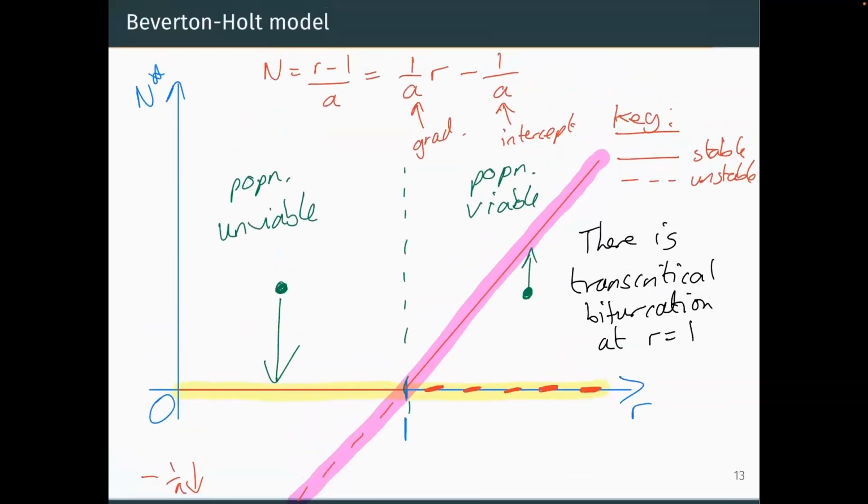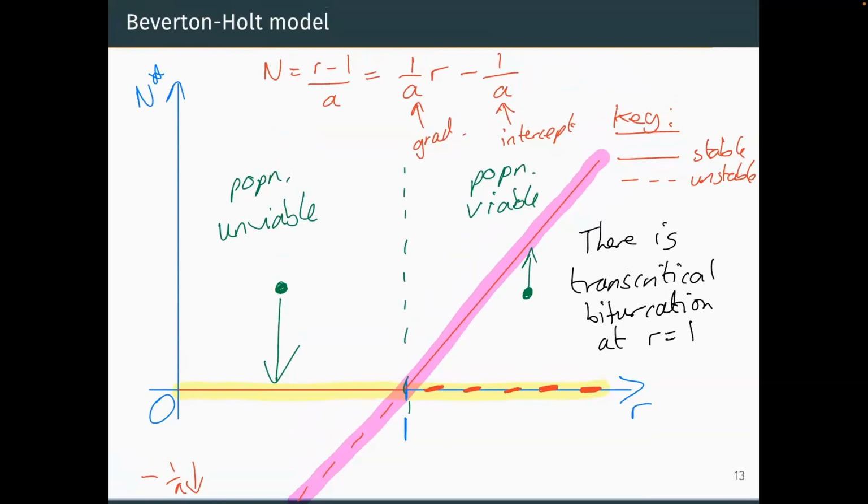Okay. Any questions about this diagram or about any of the analysis I did? Yes, Scott. Sorry, so what do you mean by unviable and viable? Yes, when I say the population is unviable, I mean that it can't survive, it goes extinct.